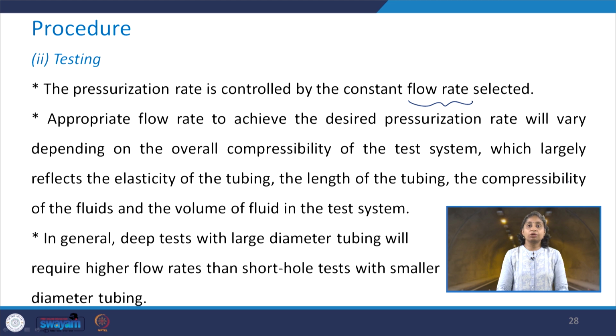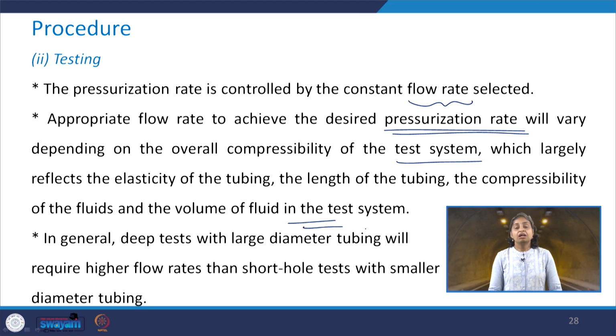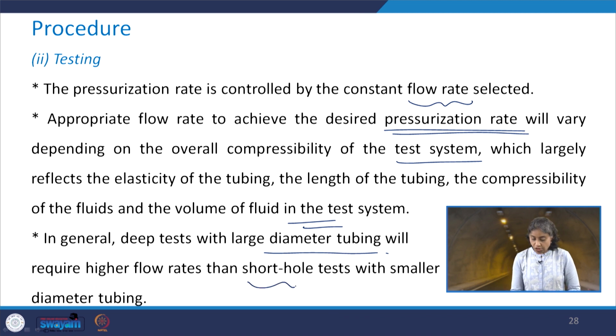The appropriate flow rate to achieve the desired pressurization rate will vary and it will depend on the overall compressibility of the test system, which largely reflects the elasticity of the tubing, the length of the tubing, the compressibility of the fluid and the volume of the fluid in the test system. So, in general, deep tests with large diameter tubing will need higher flow rates as compared to short hole tests with smaller diameter tubing.